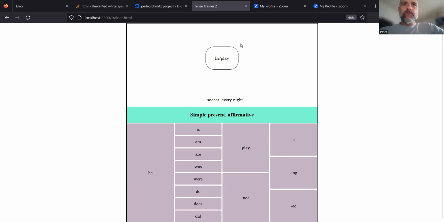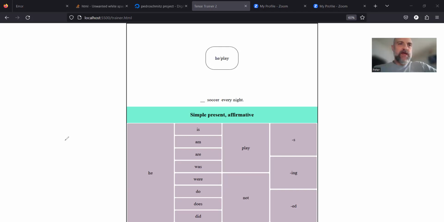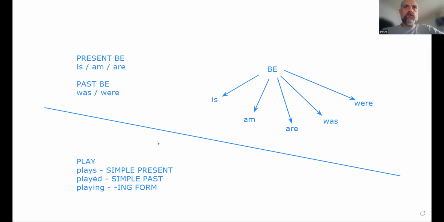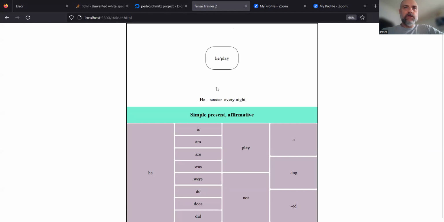So let's take a look at the chart. So play has some different forms. Play plus s, play plus ed, or play plus ing. So let's look. So what goes first? He. Okay, so play.